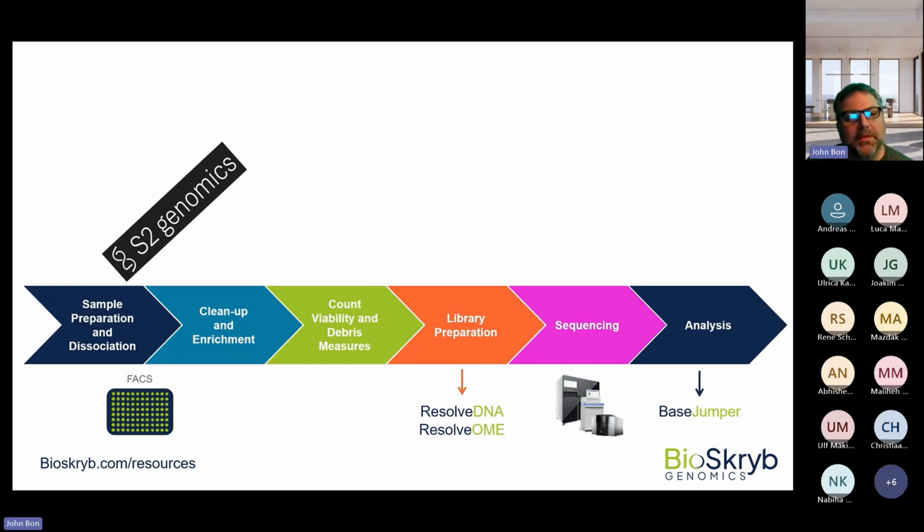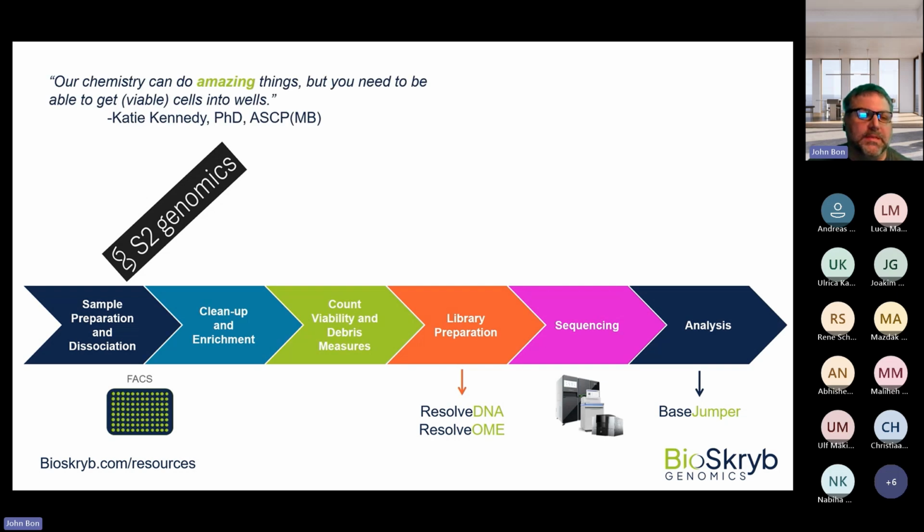Now, to get more into the workflow of what we do and also into ResolveOME before I talk about the breast cancer study, it's really important, as Nabiha said, to get good material to start with. The garbage in, garbage out that you always hear in biology and biotechnology really applies with our technology as well.